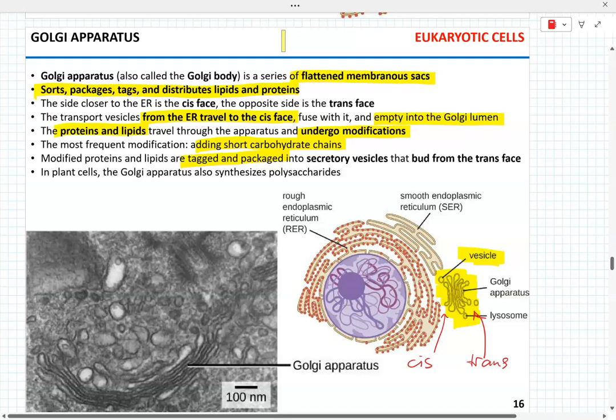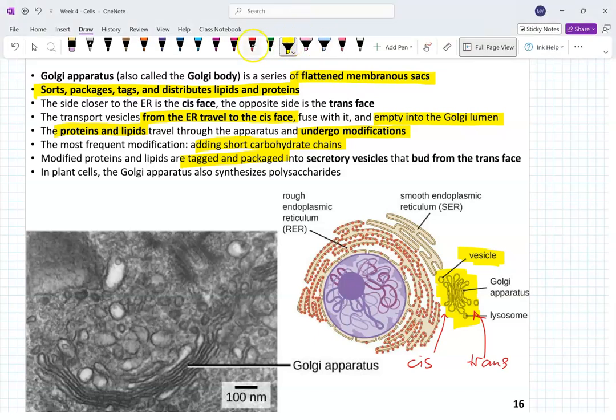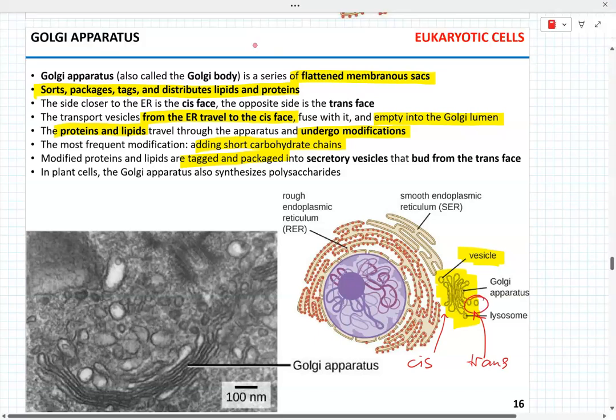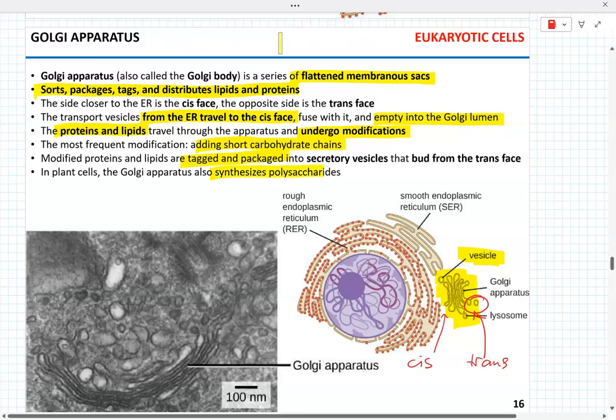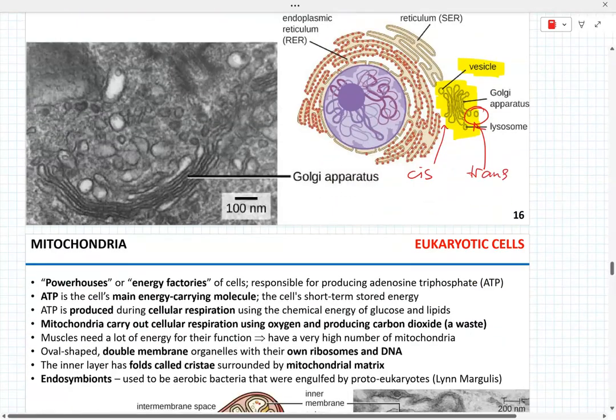The secretory vesicles leave the trans phase of Golgi and deliver their load to wherever this load is intended. In addition to its functions that we listed before, Golgi apparatus in plant cells synthesizes polysaccharides.